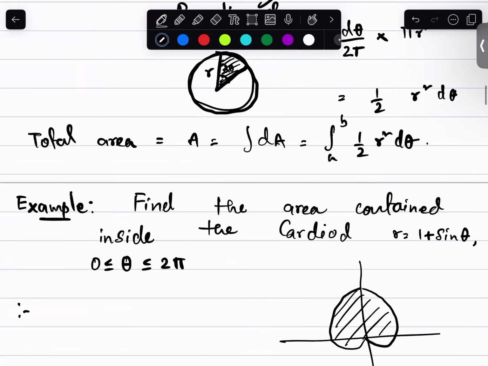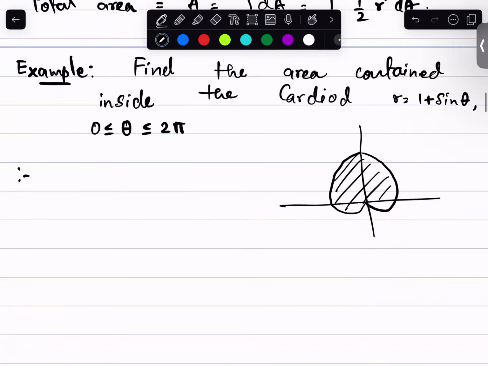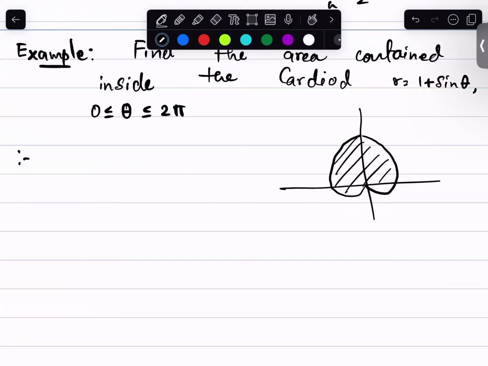Okay, now if we look into this example, we are asked to find the area contained inside the cardioid r is equal to 1 plus sine theta, where theta is varying from 0 to 2 pi. So this is the picture of the cardioid.